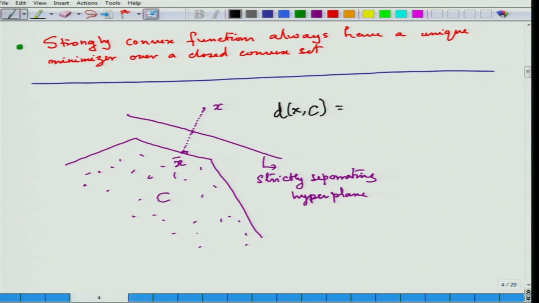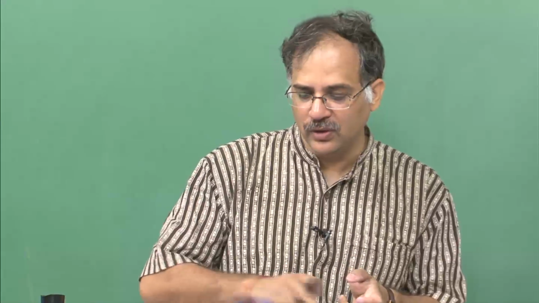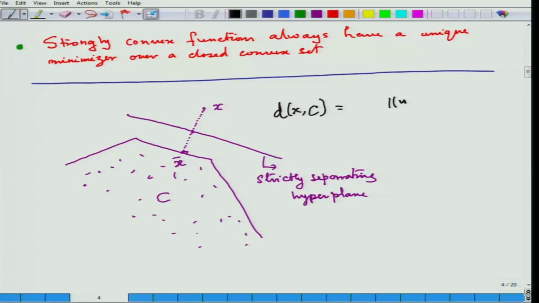What you do is with every point y in C you calculate the length of y minus x, for every y in C, and the distance should be the minimum one. So, you take the infimum of these values when y belongs to the set C.